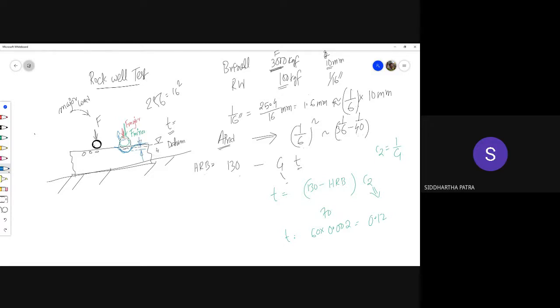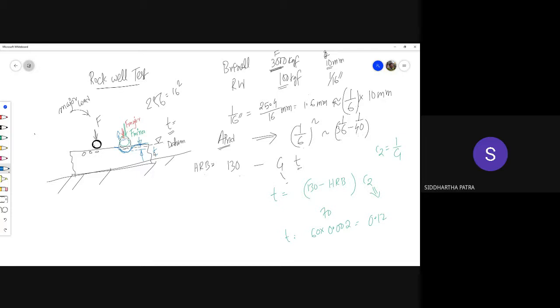Where do you measure it from? You measure it from the datum. So you applied the minor load, it sits on a level, that is the datum. You apply the major load, which causes more elastic deformation and a substantial amount of plastic deformation. Then you remove the major load, the minor load is still there.